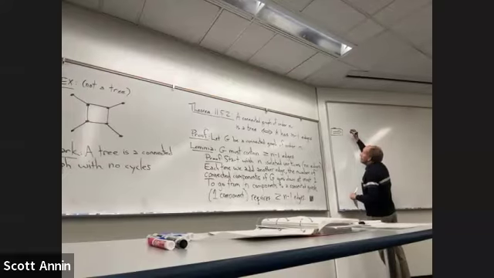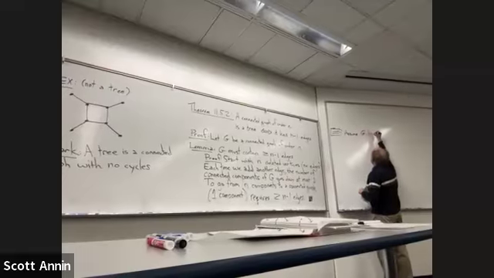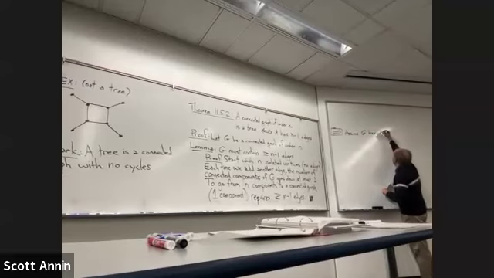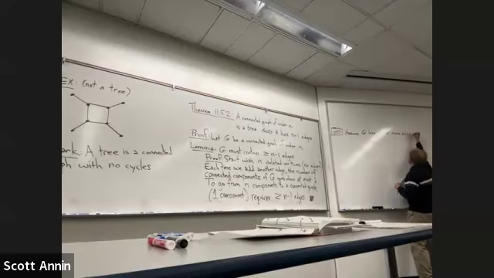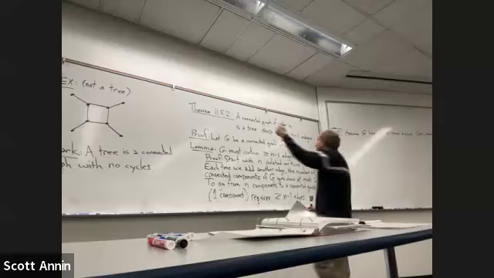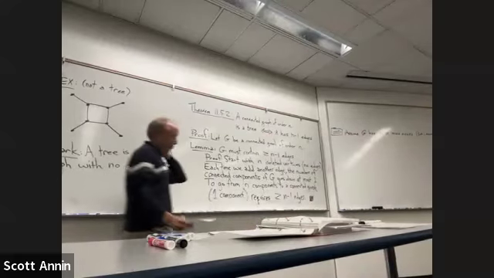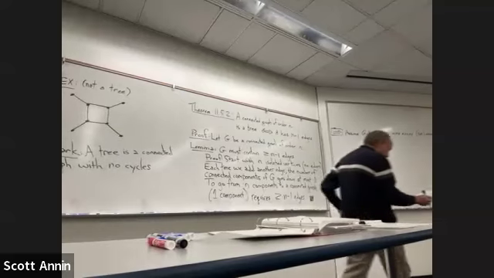So let's assume G has n or more edges. And again, I'll just say by the lemma, it has at least n minus 1 edges, but if I'm doing the contrapositive of this forward direction, I'm going to assume that G has n or more edges.